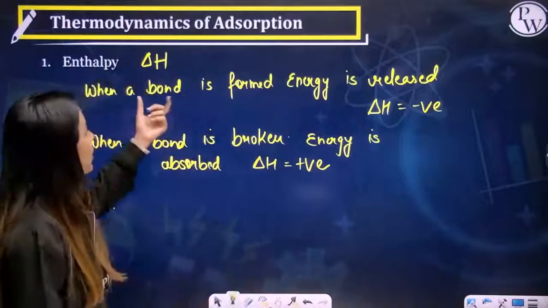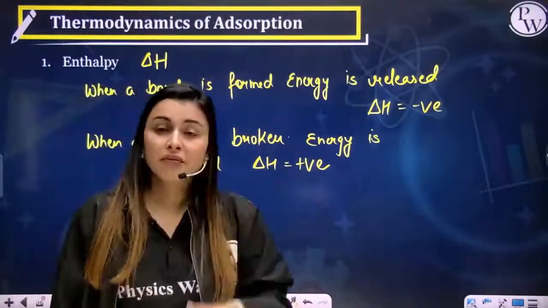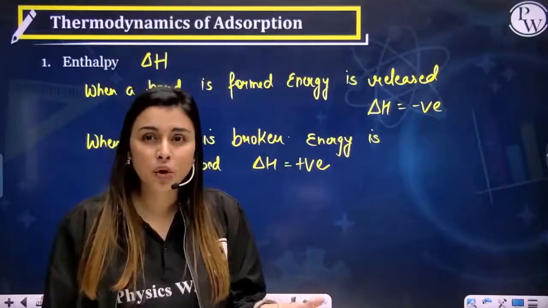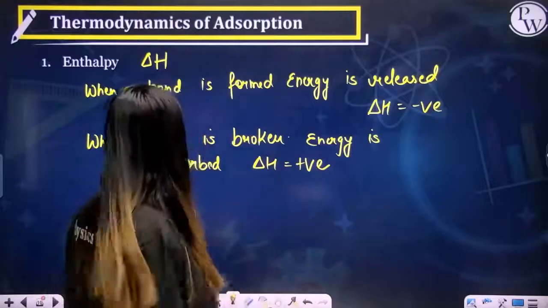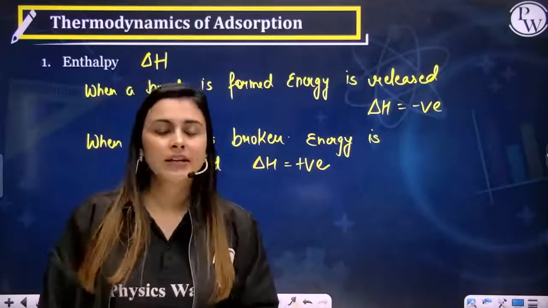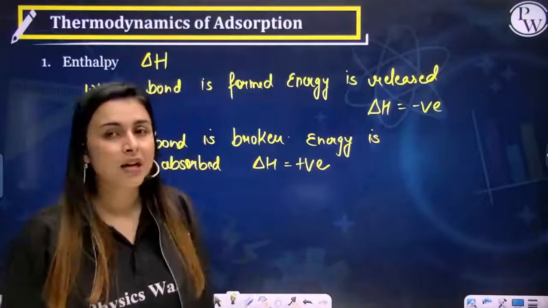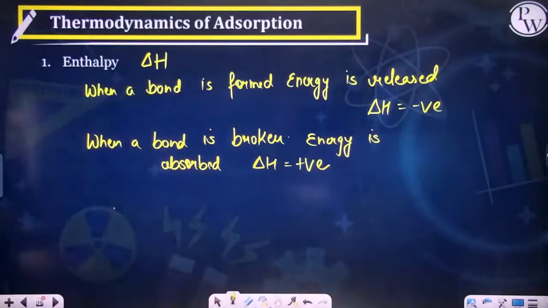But if a bond is formed, if a friendship is formed, then, my dear students, energy is released because they become stable. So this is the difference that you need to understand, that whenever a bond is formed, energy is released. And whenever a bond is broken, energy is absorbed. I hope you're clear. Perfect. Please write it down and then we'll move forward.